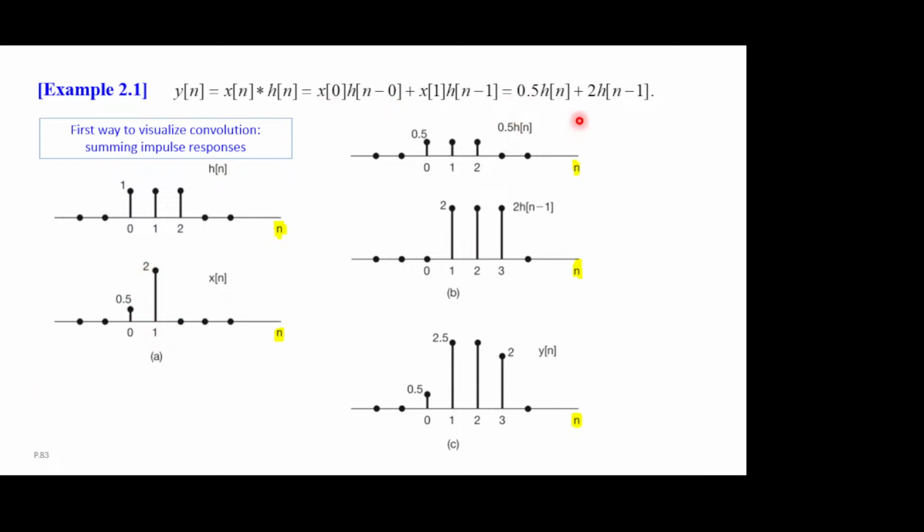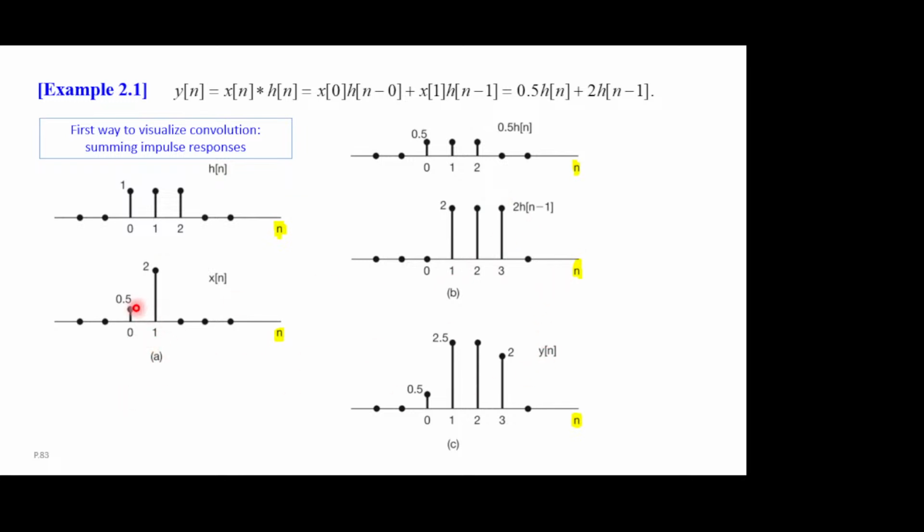Then the first step is 0.5 times our response to this spike, which is 1, 1, 1. Then we get 0.5, 0.5, 0.5. And the second impulse, which has height 2, should have a response of 2, 2, 2, also time shifted by 1. So it's 2, 2, 2 at time steps 1, 2, 3.